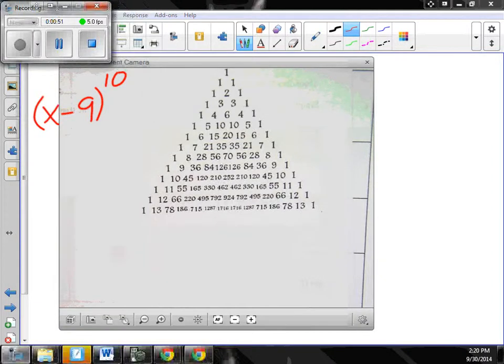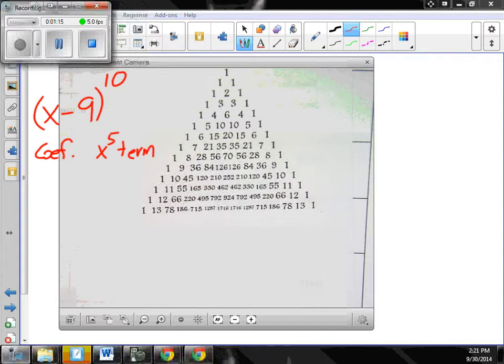Not worth it. So what we're going to do is ask for the coefficient of the x to the 5th term. So it's just saying, what is the number in front of x to the 5th in that equation?